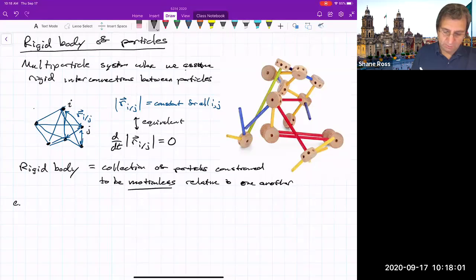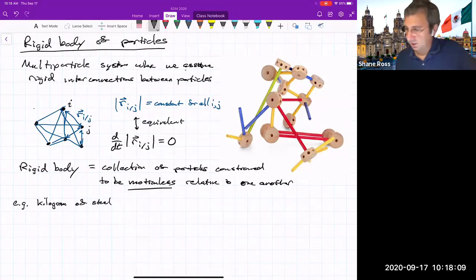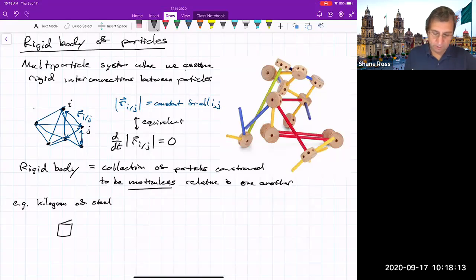So for example, if I had a kilogram of steel, and steel is mostly iron, right? Here's a little cube, a kilogram of steel. This is about 10 to the 25 atoms, so about 10 to the 25 particles.